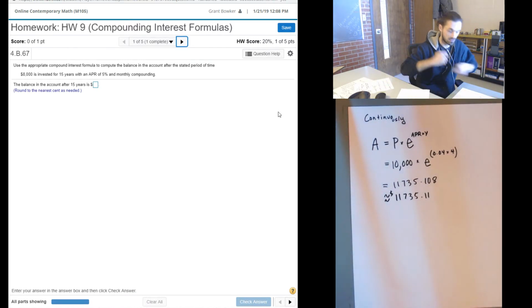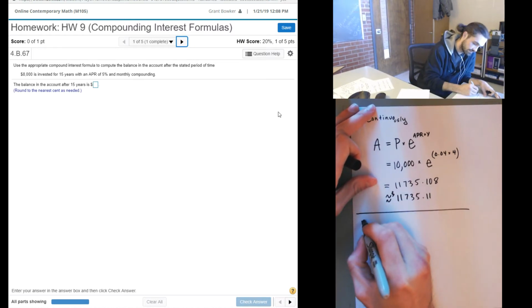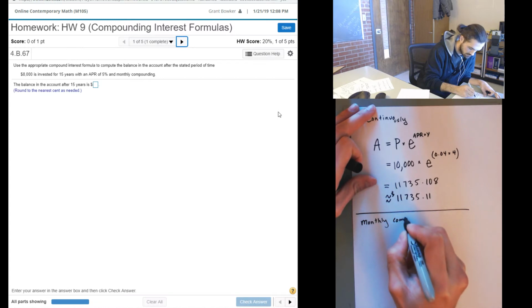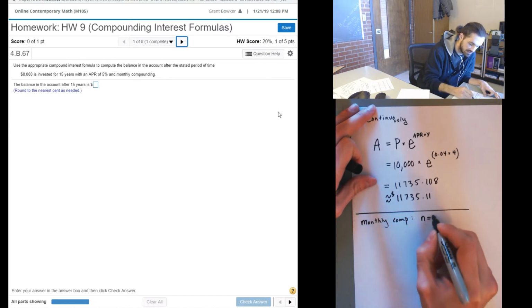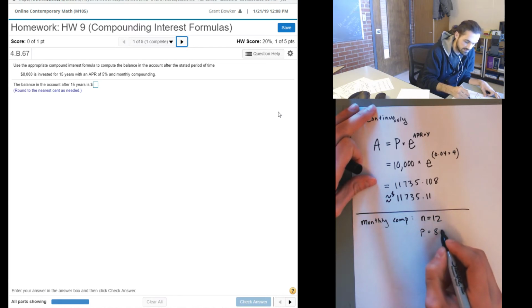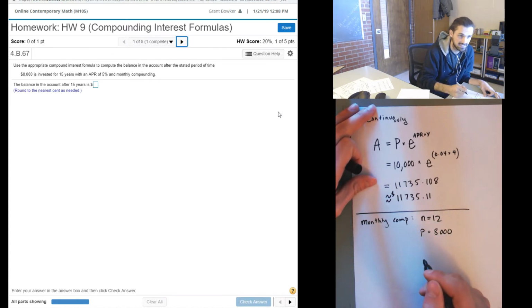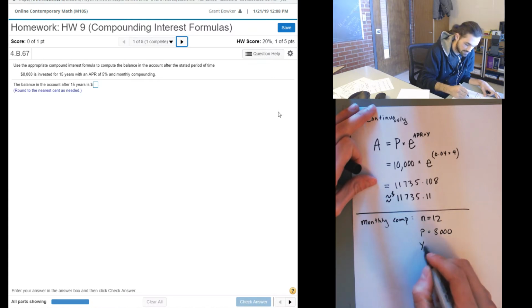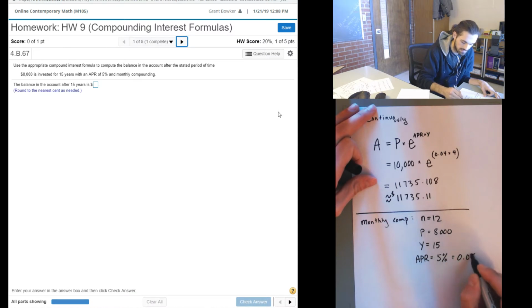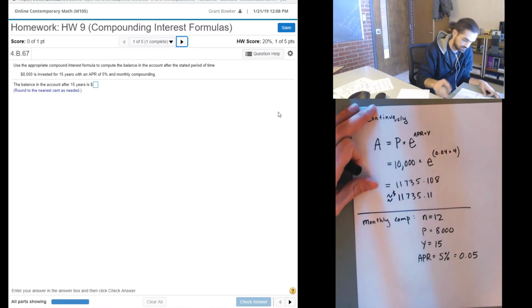So monthly compounding, that says n is 12. Our principal P is 8,000. That's what's being invested. We're doing it for 15 years, so Y is 15. And we have an APR of 5%, which we will need to enter as a decimal into our equation.